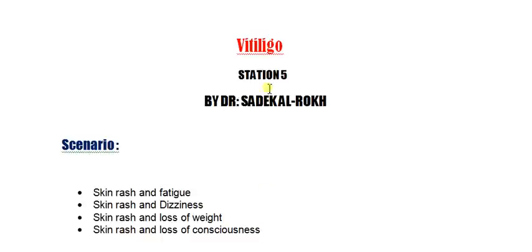So what he wants from you in vitiligo is not only to diagnose a case of vitiligo, because it is very easy to diagnose, but just to explore other associated autoimmune diseases with it.